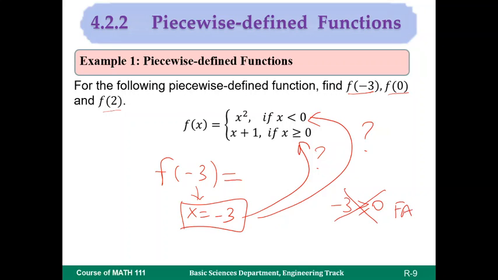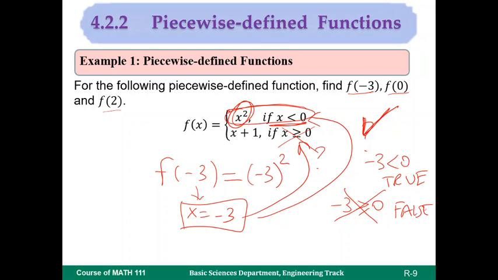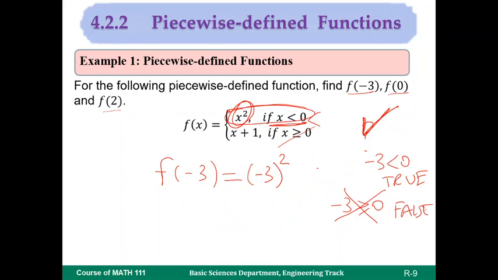False. So then you don't apply this one. Is x less than 0, so is minus 3 less than 0? Yes, it's true. Then I will apply the first rule. The first rule is what? x squared. So it has to be minus 3 squared. Then the answer will be 9.